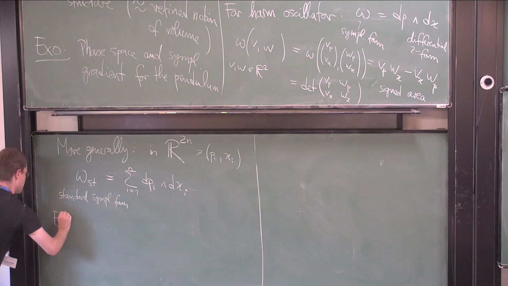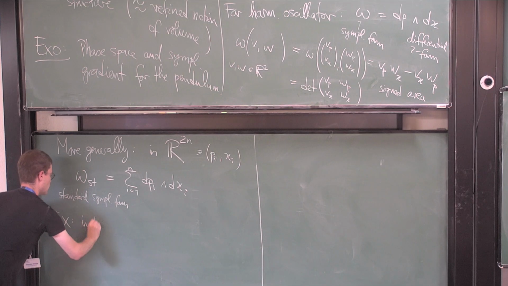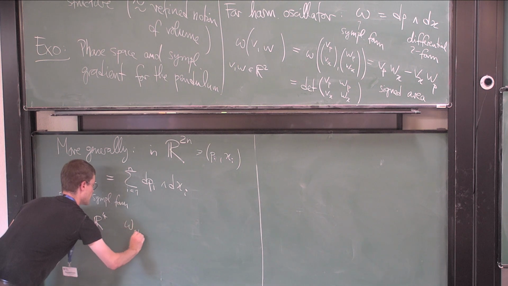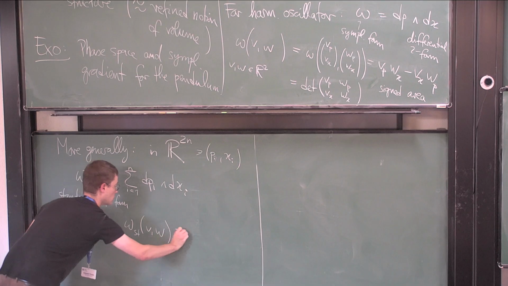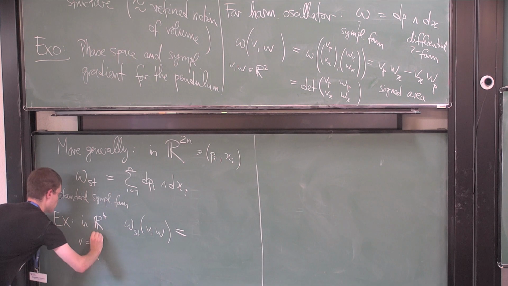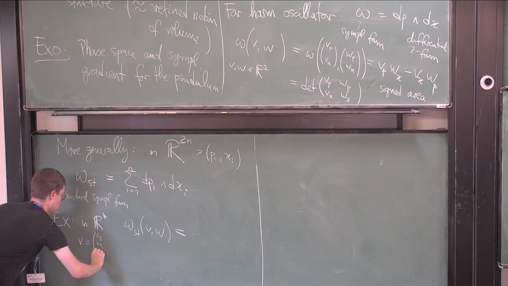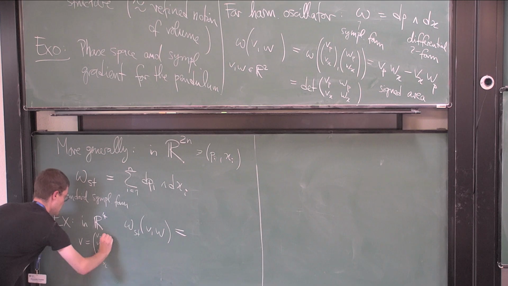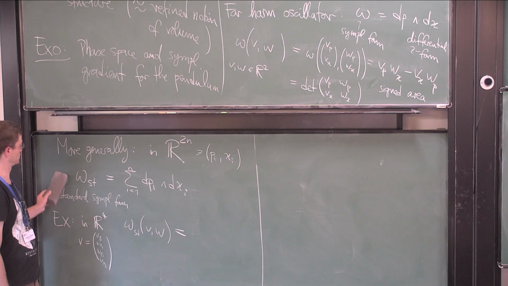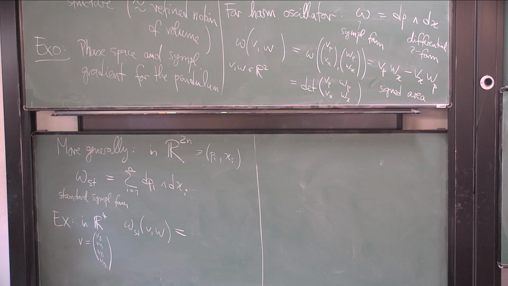To be sure you understand what happens in R4: if I take the standard omega and apply it to two vectors v and w, what do I get? Now I have coordinates: v would be a vector (vp1, vx1, vp2, vx2), and the same for w. If I apply this standard omega to v and w, again you take two vectors, so it should spit out a number. What is this number?